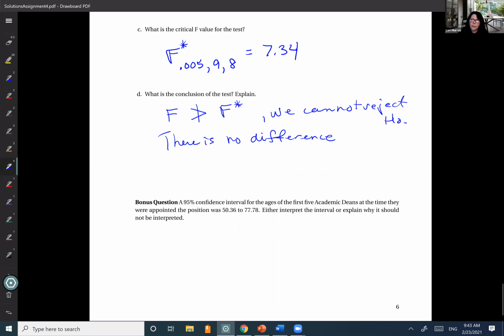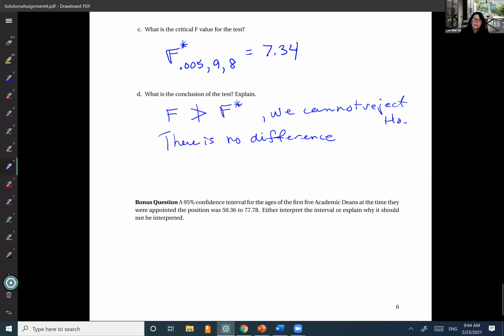It would be the same if we knew the ages of the first 5 prime ministers of Canada. Why do you need a confidence interval? You don't. It is what it is. Those are the ages. You can just take the average of those first 5 ages. Same thing here. You don't need a confidence interval because they represent a population.